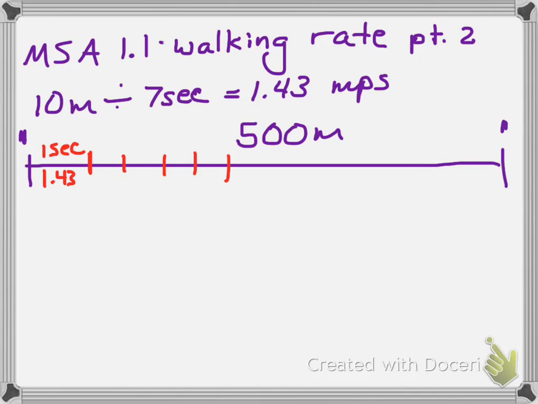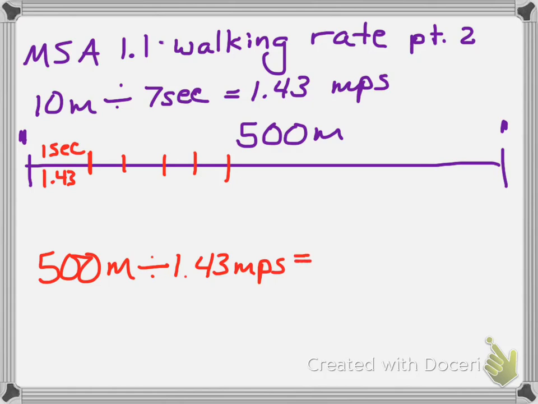Now I know that when I do that repeatedly, we also think of that as division. So really what I'm doing is taking that 500 meters and dividing it by my 1.43 meters per second. I find that it is often very helpful for me to use my labels in the problems here.